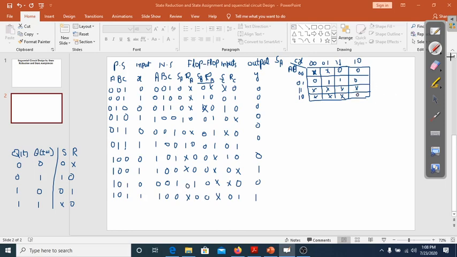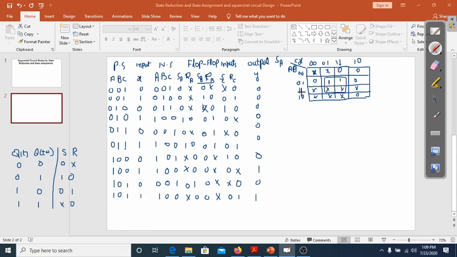So I can simplify this table. After simplification, these four boxes are adjacent, so these can be simplified.